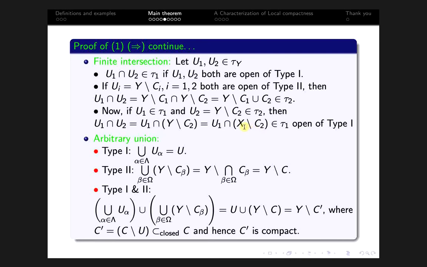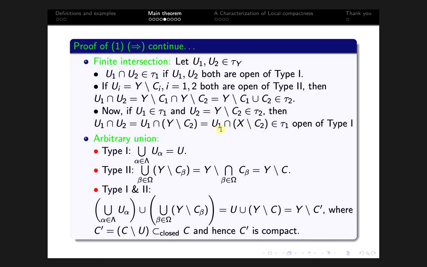Okay, and X minus C2, this is open of type 1 because C2 is compact in X, therefore closed in X, and the complement X minus C2 is open in X. So this is in tau 1, so therefore X minus C2 is open of type 1.